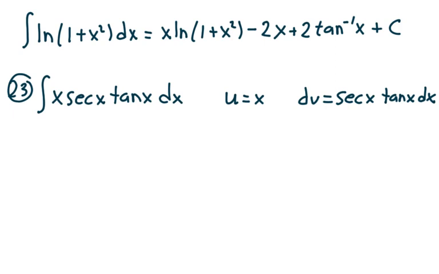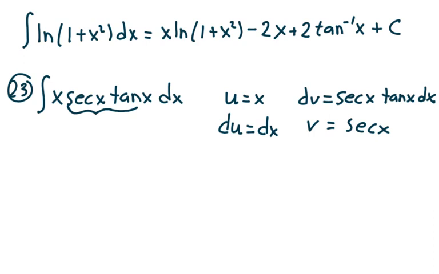But I can think of a function whose derivative is secant x tangent x. So I'm going to let u equal x, and I'm going to let dv be secant x tangent x dx. So du is dx, and v is secant x.